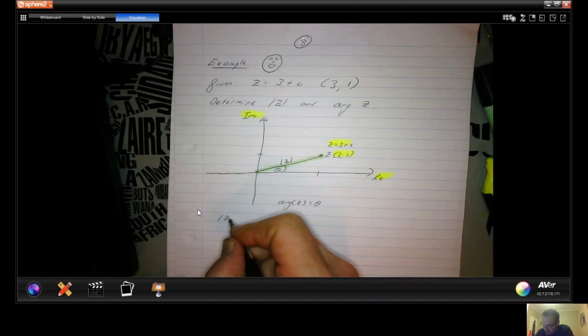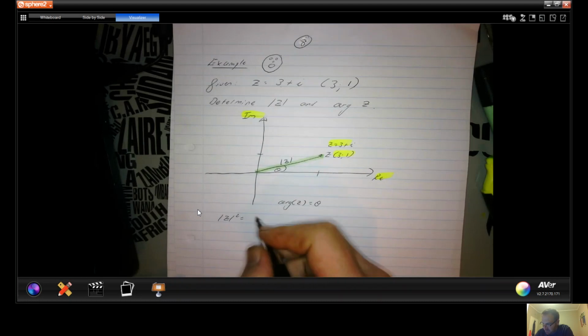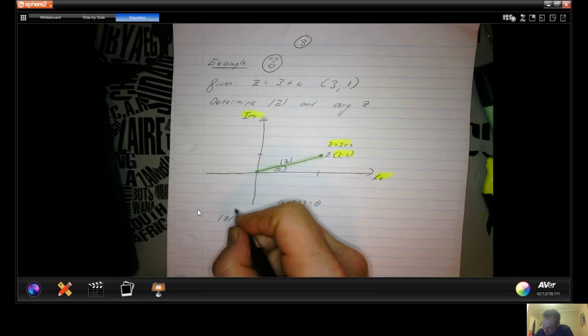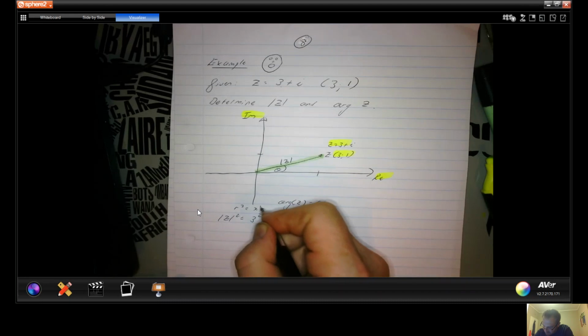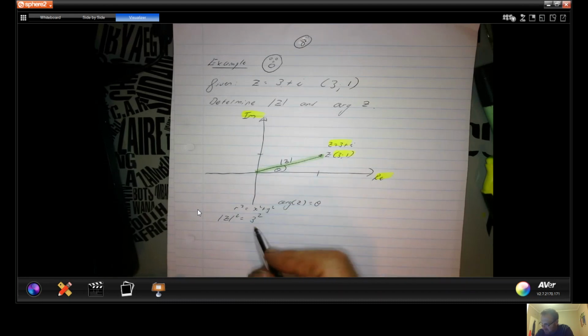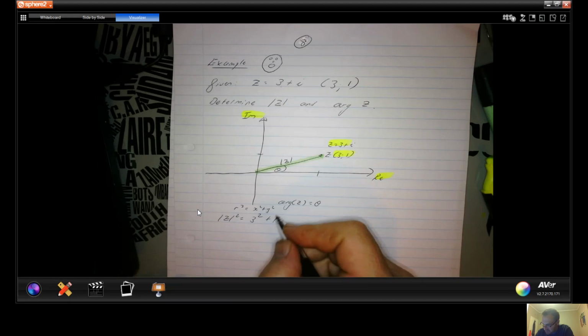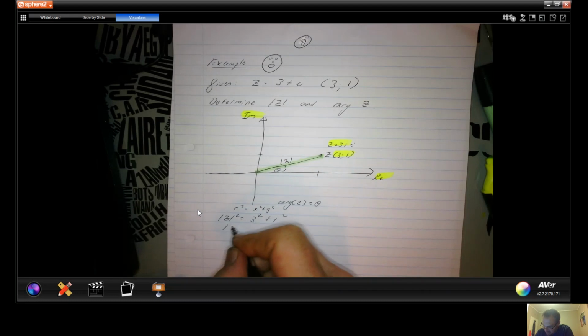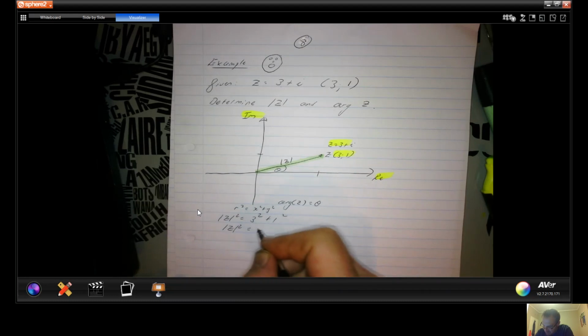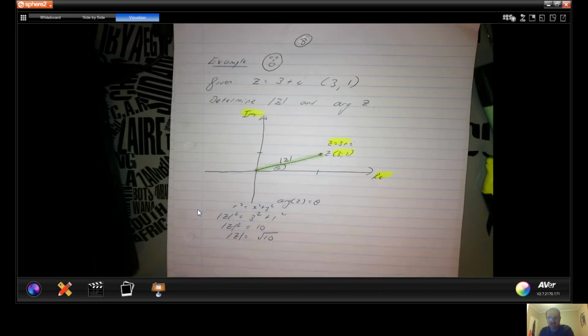Well, r squared is equal to x squared plus y squared. So mod z squared is equal to 3 squared plus 1 squared, which is 9 plus 1, which is 10. So mod z is equal to root 10.